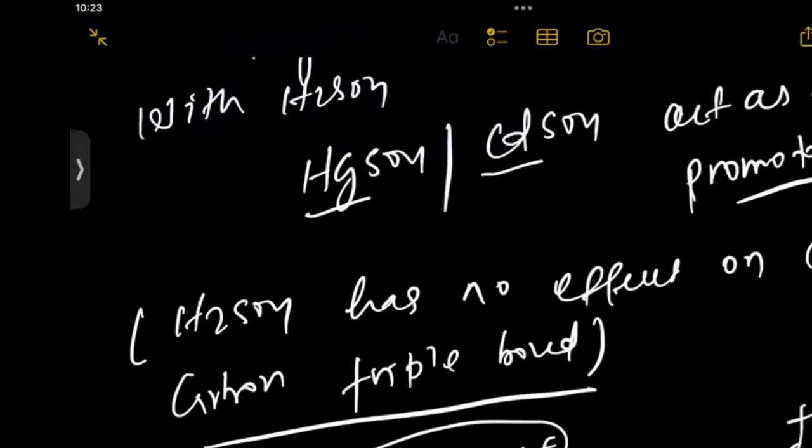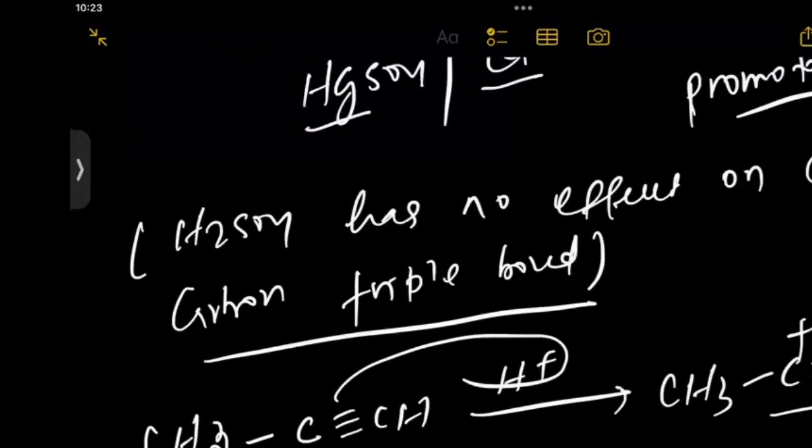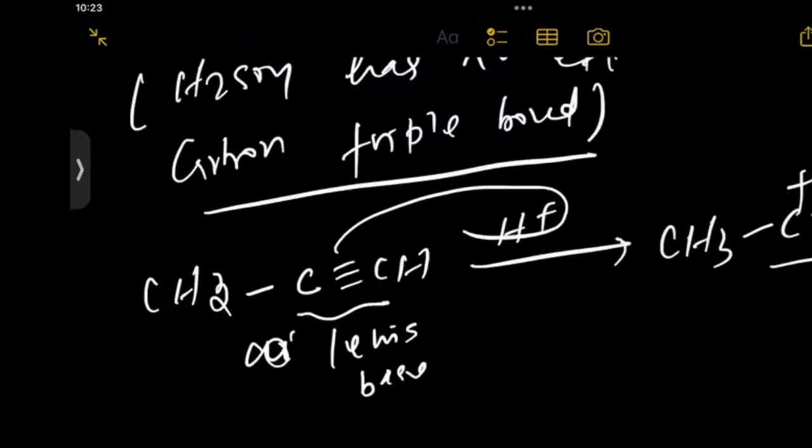Once the cation is generated, you have taken the water, which contains a lone pair. The water will attract this positive center, and CH3C(OH2+)=CH2 will form, which is the oxonium cation. When a base reacts with this oxonium cation, the base will attack the H plus.